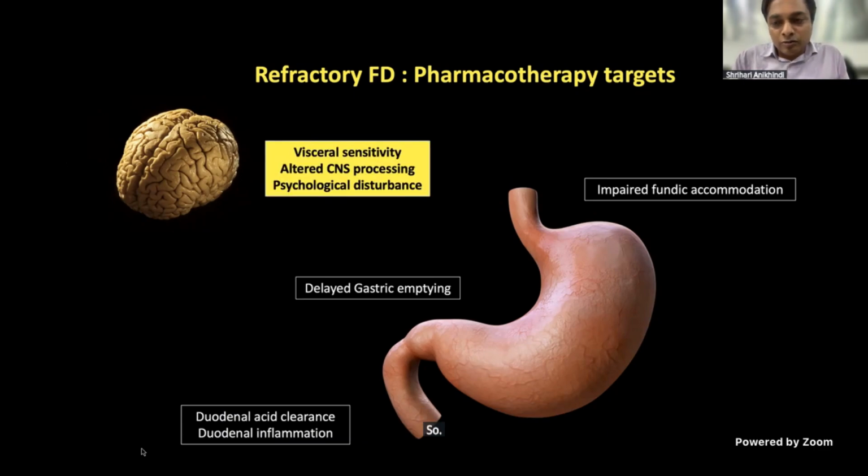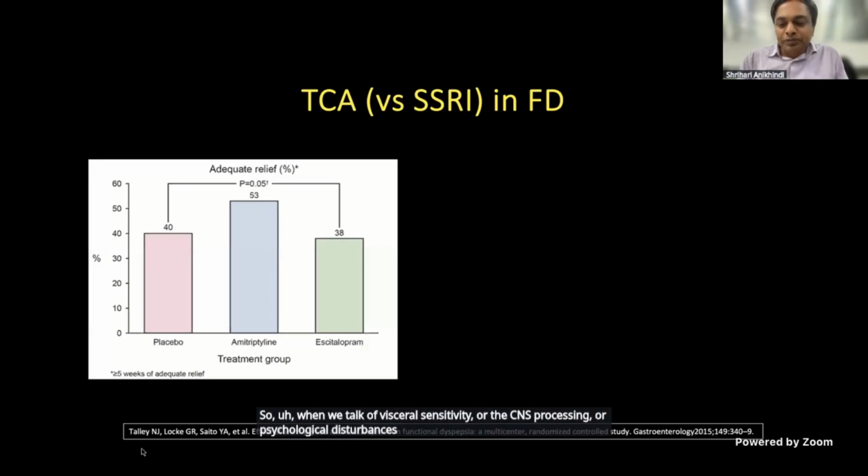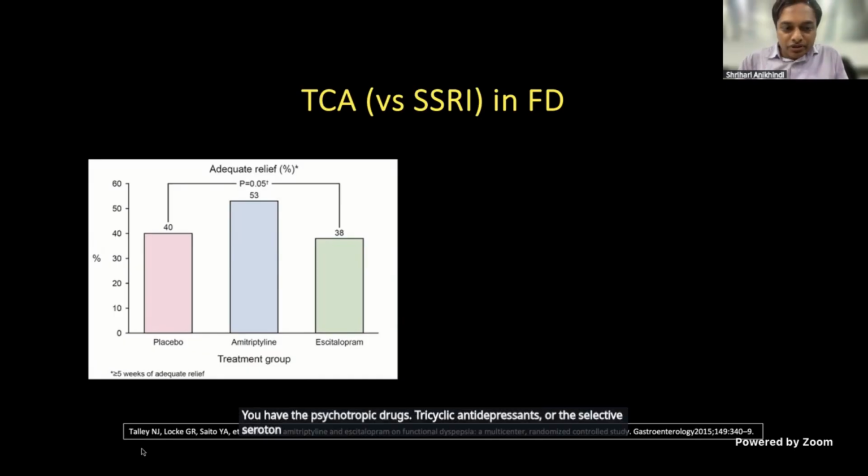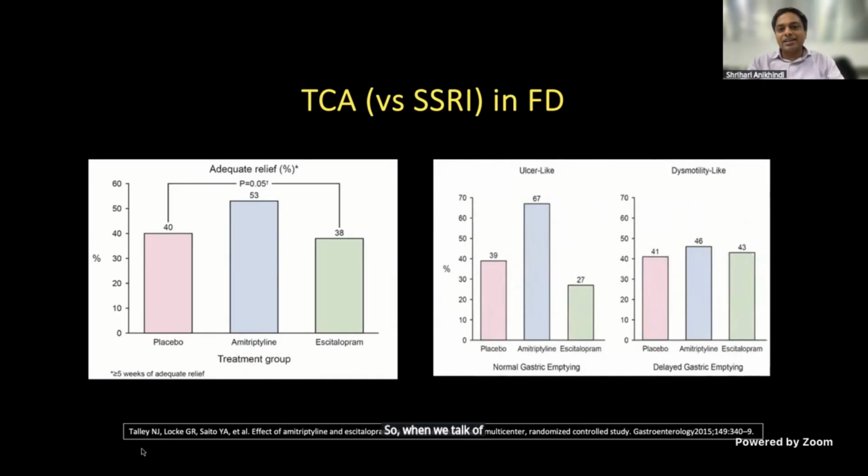So when we talk of visceral sensitivity or the CNS processing or psychological disturbances, you have the psychotropic drugs, tricyclic antidepressants or the selective serotonin reuptake inhibitors. When we talk of tricyclics versus SSRIs, it has been seen that the tricyclics work very well, in fact, much better than SSRIs.